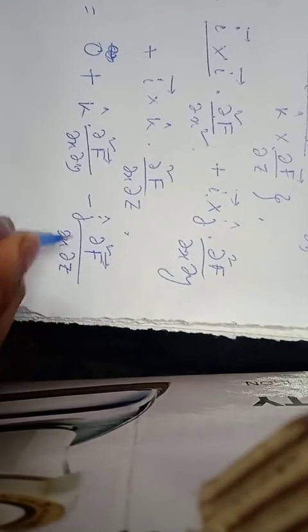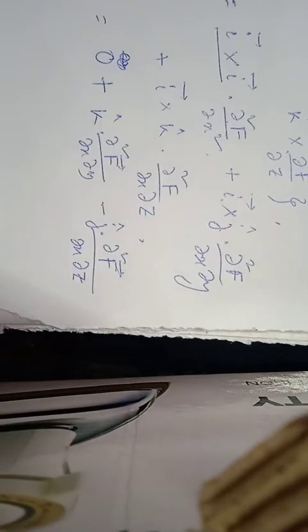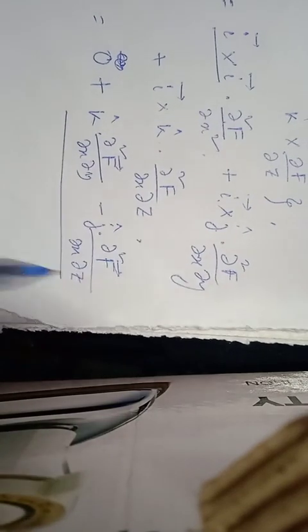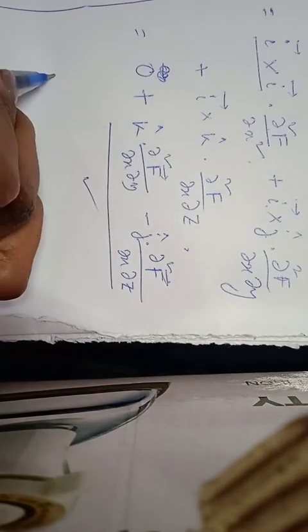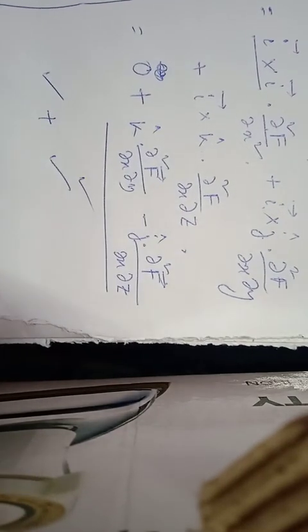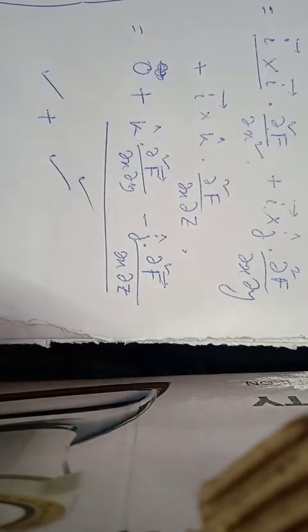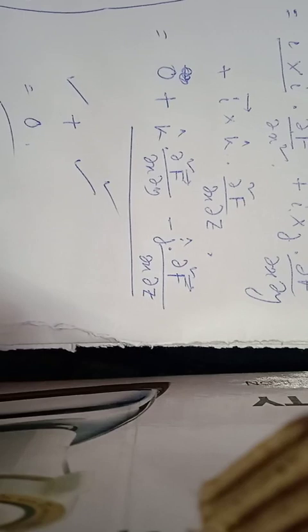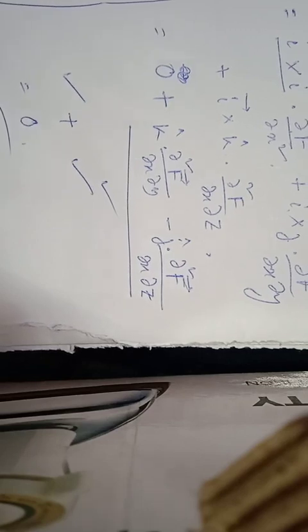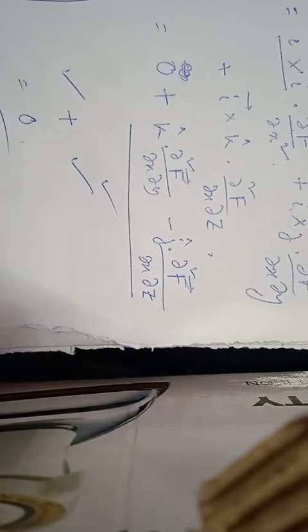So this is the result you get from the first term. Similarly, you need to calculate from the second term and the third term also. Then add these three terms, and the answer will become 0, because all the similar terms will get cancelled out by plus and minus. Moving to the next property.